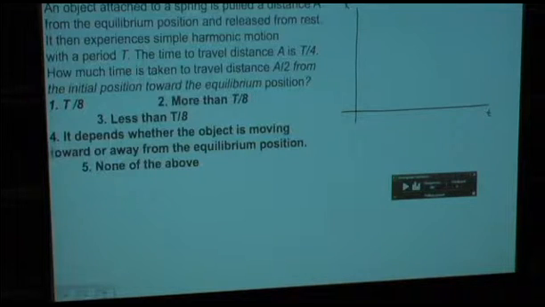When the position of this cart changes, what is the easiest graph? What is the easiest graph which describes changing position as a function of time?